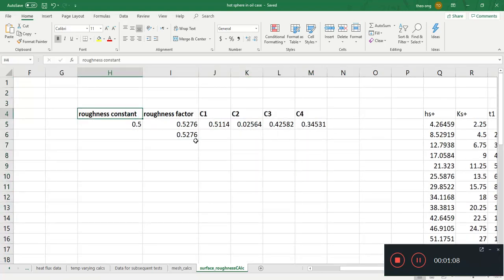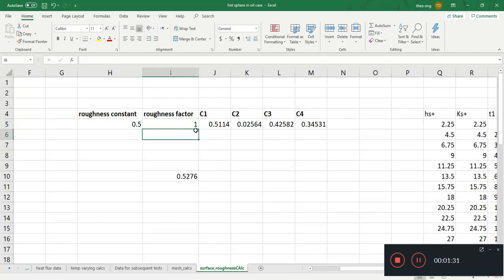I made headers: one called roughness constant, and the next column is roughness factor. You can ignore this for the time being. Then I'll have C1, C2, C3, and C4. For roughness constant, I put a default value of 0.5. For roughness factor, we can just start at 1.